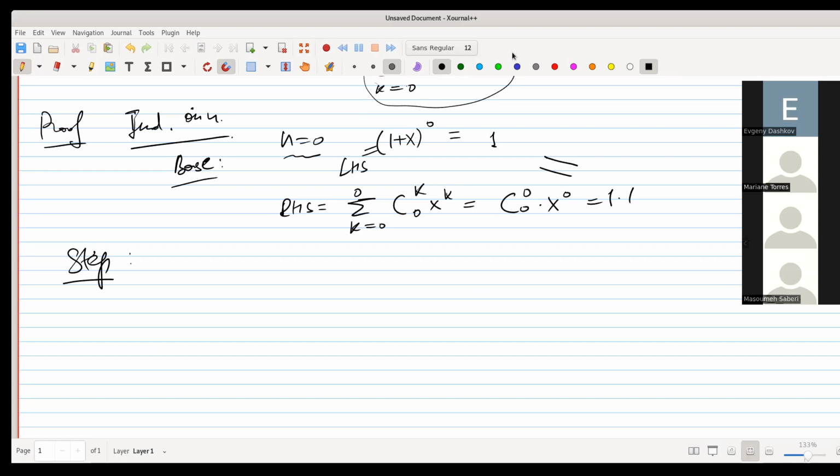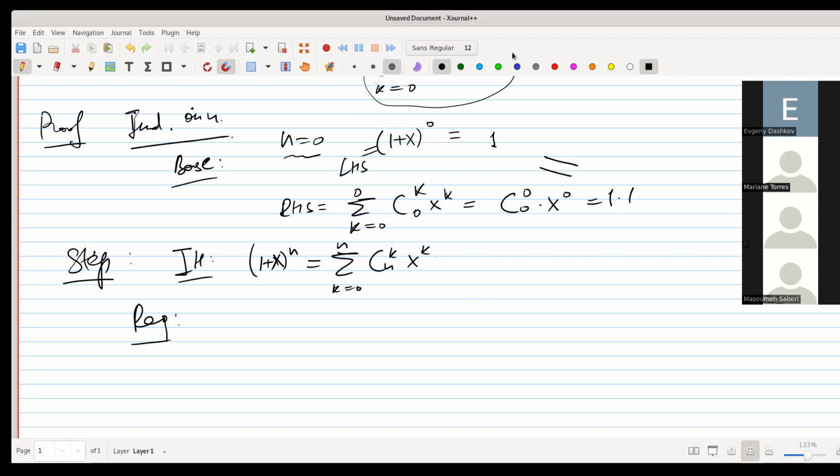Yes. For the inductive step, we may assume some inductive hypothesis. In this case, the inductive hypothesis is as follows: (1 plus x) to the power n equals our sum from 0 to n of these terms. And what is required?